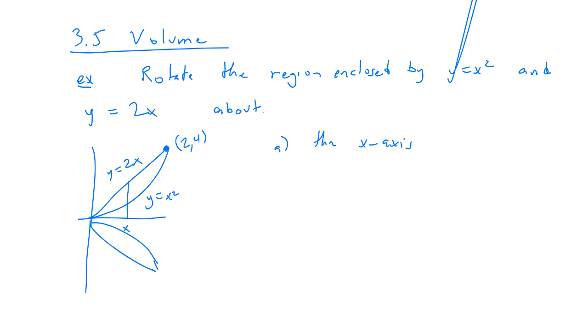And for the washer, I need 2 radiuses. So R1 is the smaller, the radius in this case from the x-axis to that bottom curve. And that's supposed to be an R2. R2 is the length from the x-axis to the one that's further away. So what are the 2?